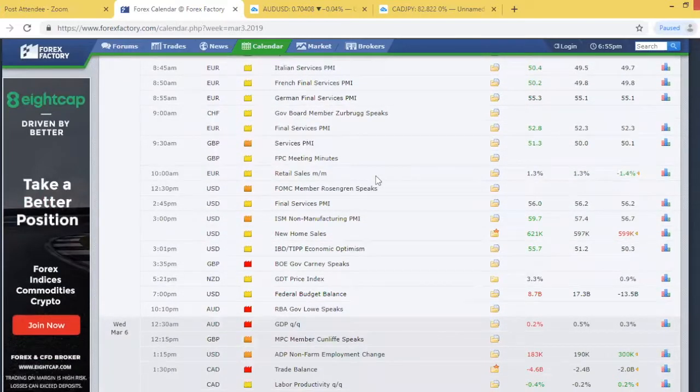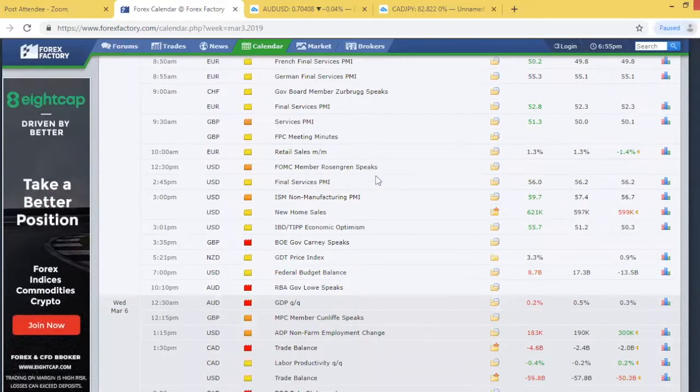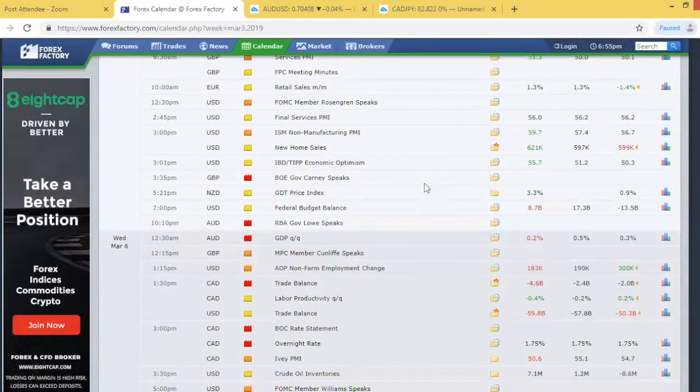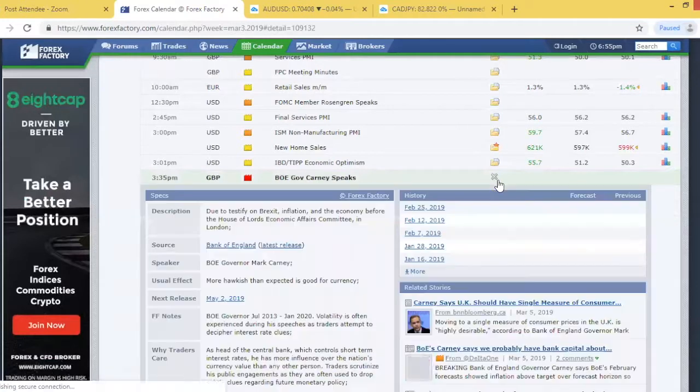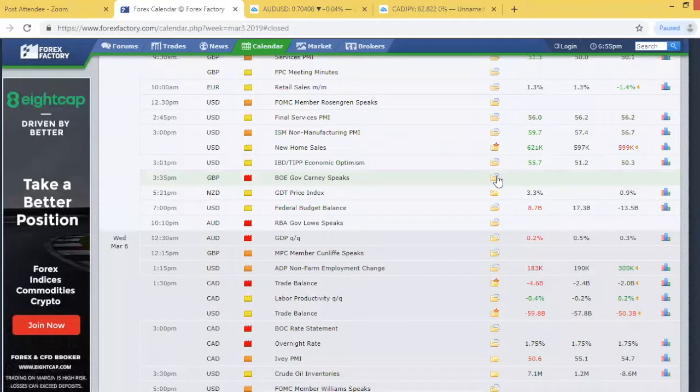So moving on elsewhere, guys, we had Governor Carney testifying to the House of Lords, I believe, on Brexit, inflation and the economy before the House of Lords in London. We did see the pound strengthen up in the run-up to this data announcement.